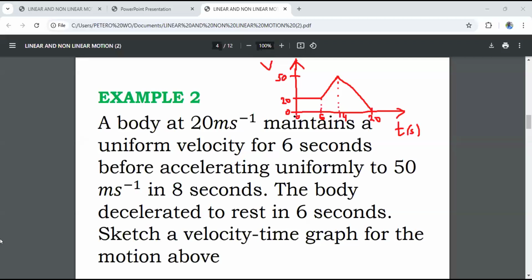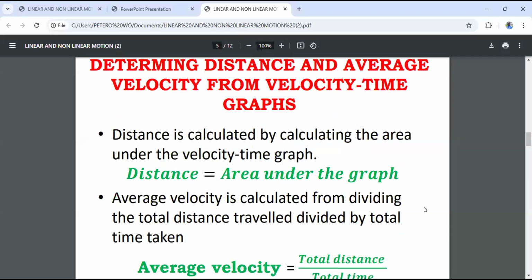Okay, after learning how we draw these graphs, we are now going to go to something else. Determining distance and average velocity from these graphs that we have been drawing.